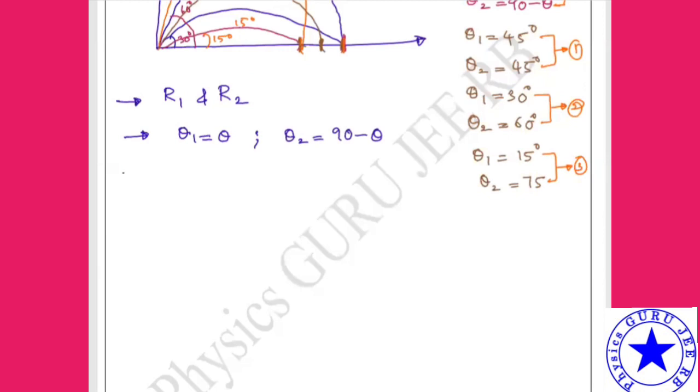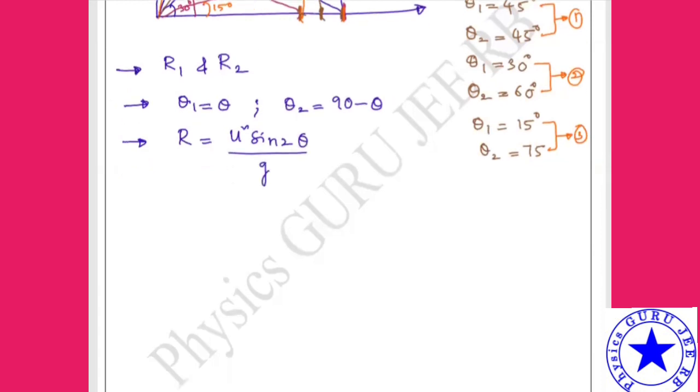So can you tell me what is the formula for range? R is equal to u square sine 2 theta divided by g. Hope this is clear, right? For the first complementary angle, I'll take it as R1, the range for the first angle theta, and the second angle is 90 minus theta. So R1 is u square sine 2 theta.